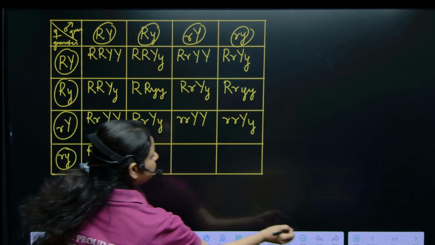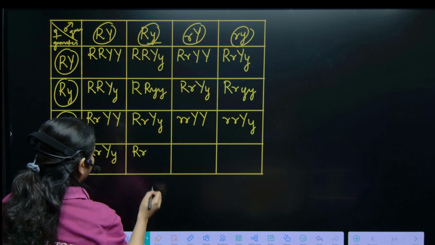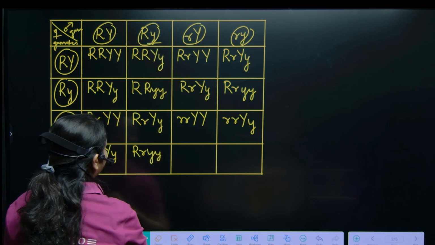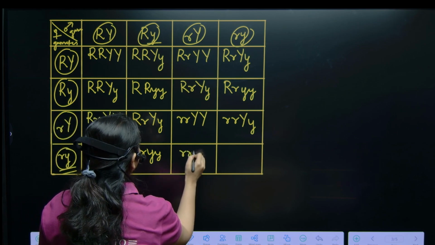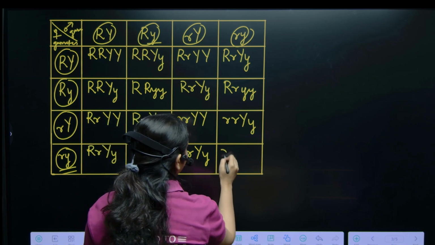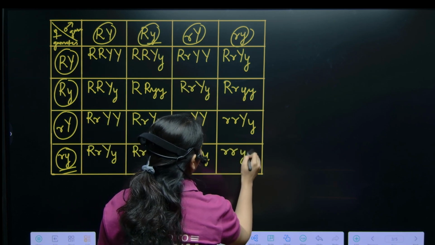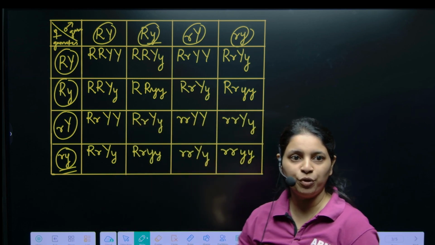Undo this, and we have this. So we will have small y. Next we have small r, capital Y, small y, and last small r, small y, small y. So in this way, we have filled the entire unit square.